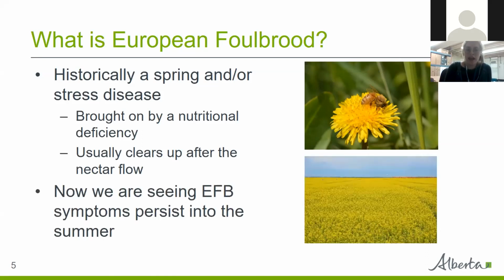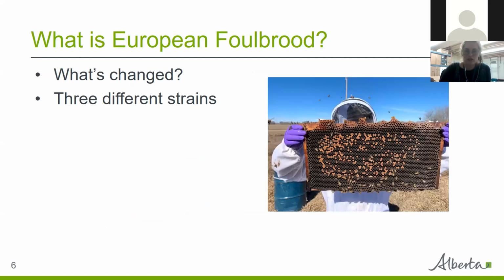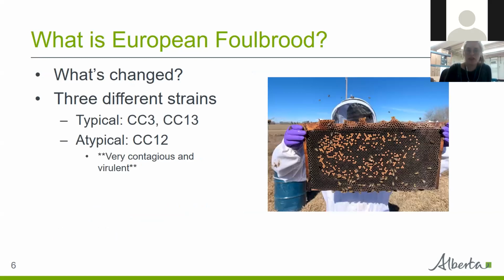Curiously, now we are seeing signs and symptoms of EFB that have persisted into the summer, and this is really uncharacteristic. We've been doing some investigation into this, and this is essentially why we want everyone to be a little more vigilant. So what's changed? There are actually 3 different strains of EFB: 2 typical strains and 1 atypical strain.